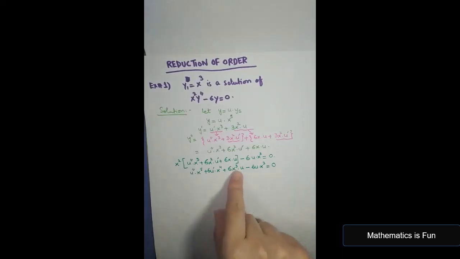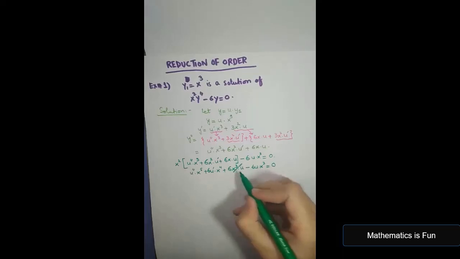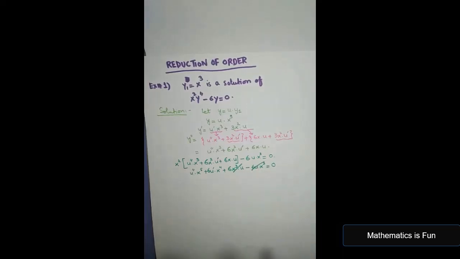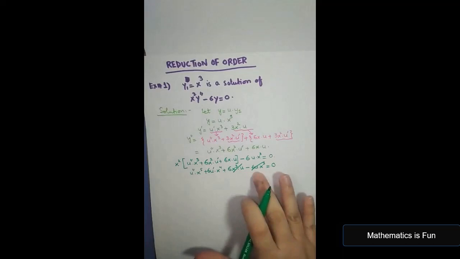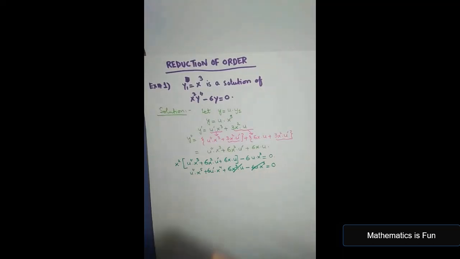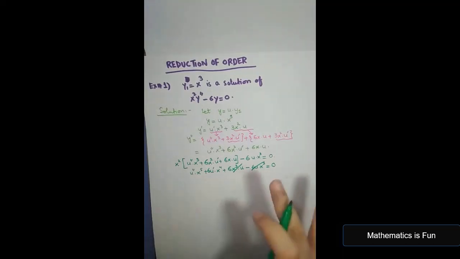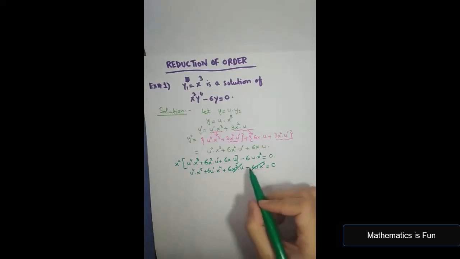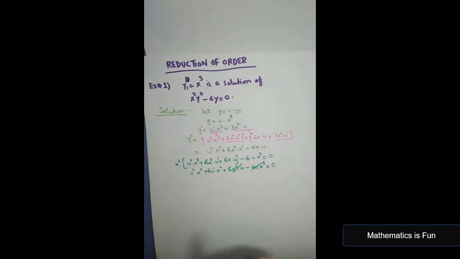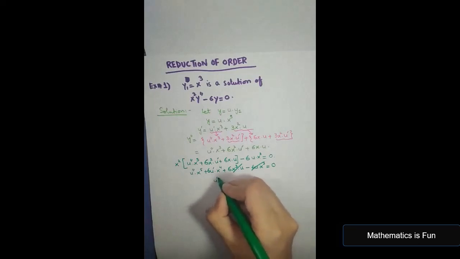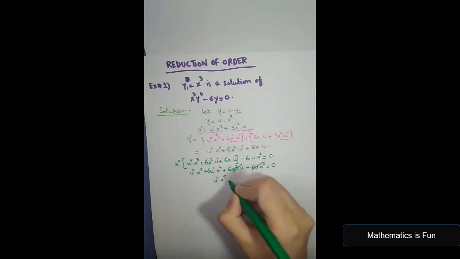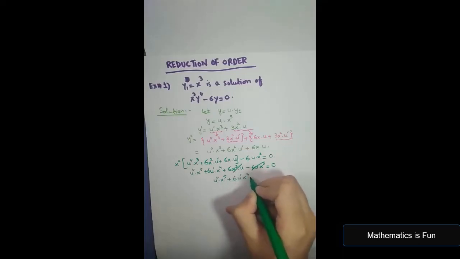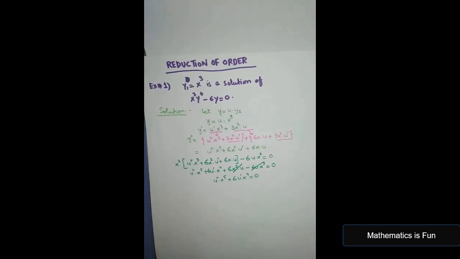This is plus 6x cubed u minus 6x cubed u, so this gets cancelled. Same terms, u has power 1 and x has power 3, so plus 6 and minus 6 cancel each other. Now the remaining terms are u double dash x to the power 5 plus 6u dash x to the power 4 equals 0.